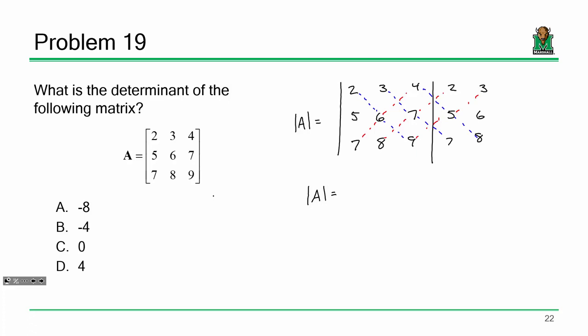Well, my point is you're going to do all the blue numbers minus all the red numbers. So you're going to do 3 times 5 times 9, 2 times 7 times 8, 4 times 6 times 7. What's the sum of all of that? So what's 415 minus 415? 0. I mean, after the last problem, y'all should be able to do that.